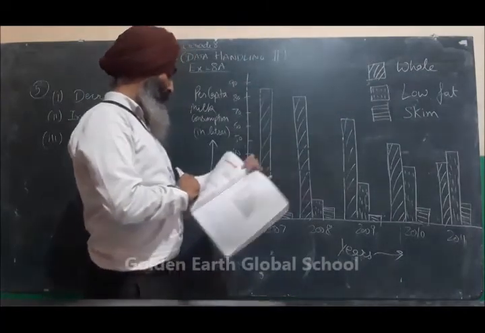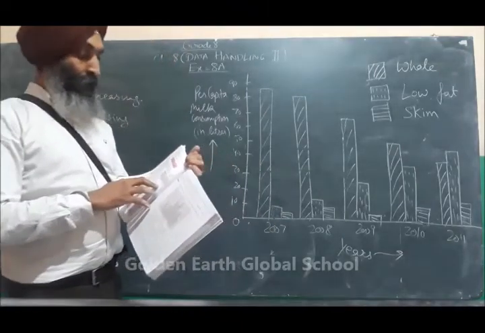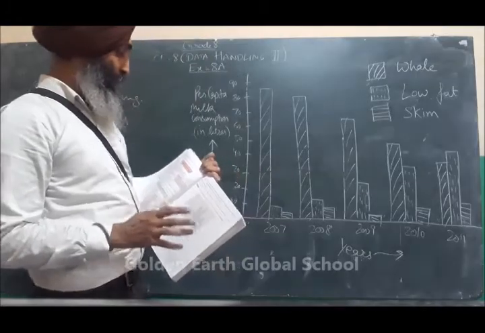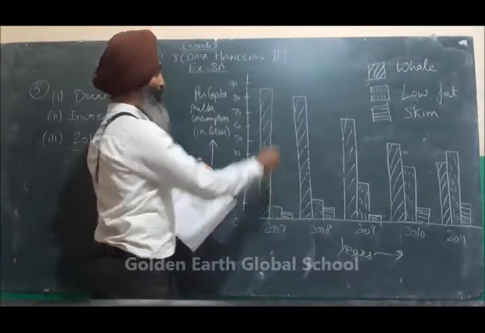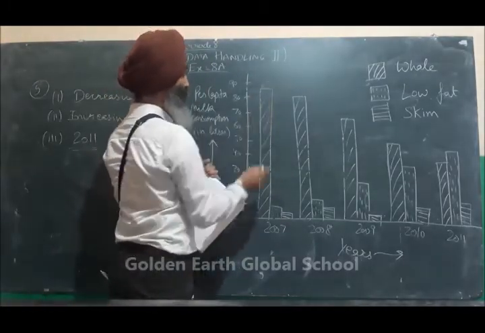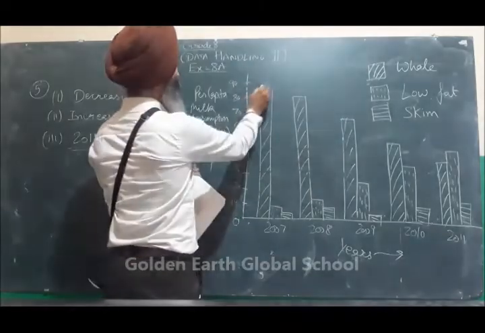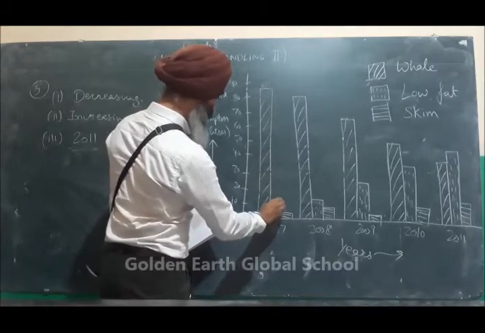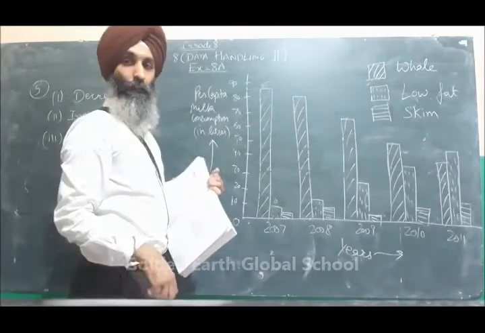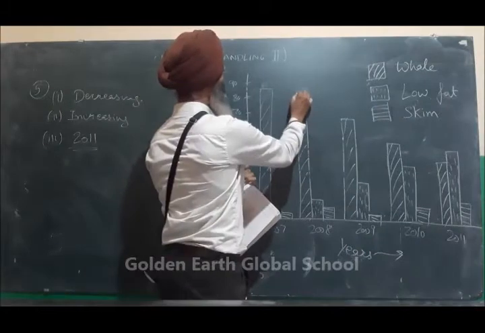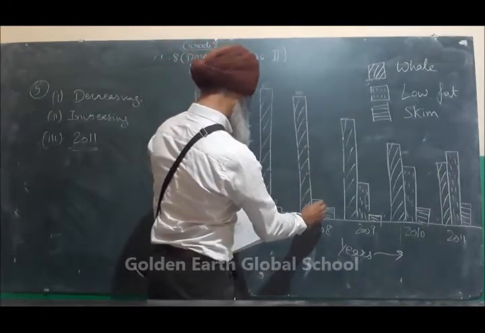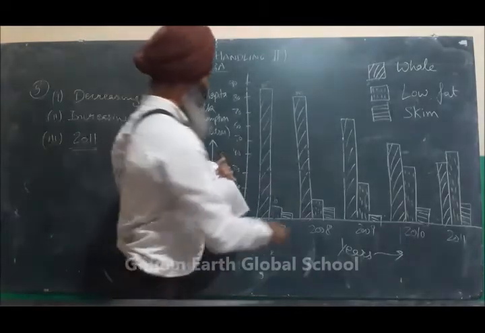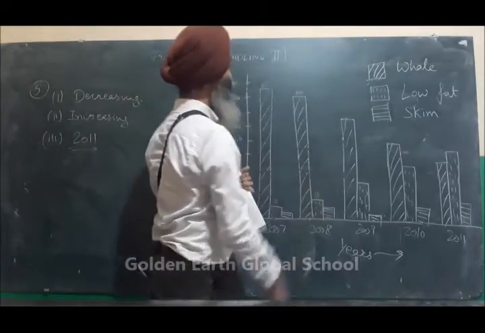Now the fourth part is, in which year is the difference between the whole milk consumption and the low fat milk consumption maximum? It is clear, it is 85. You can also write down the figures above the graph. It is 85, it is 10, so its difference is 75. It is 80, it is 15 from the book, so the difference is 65.